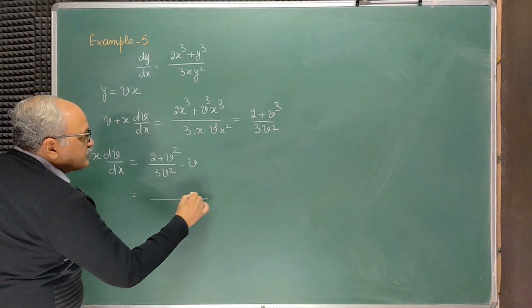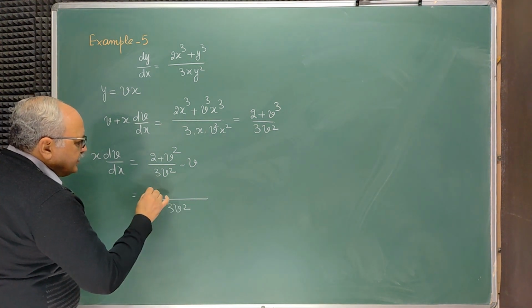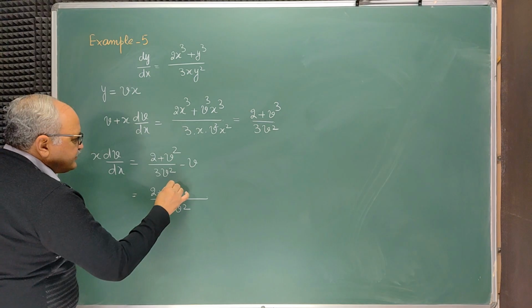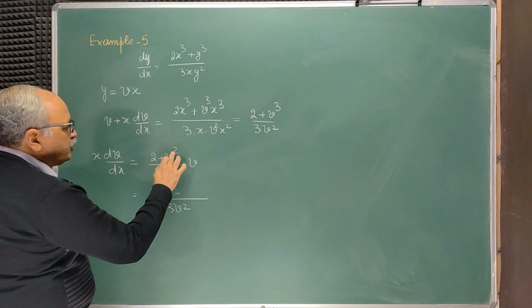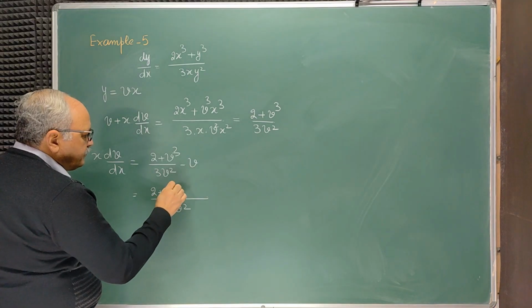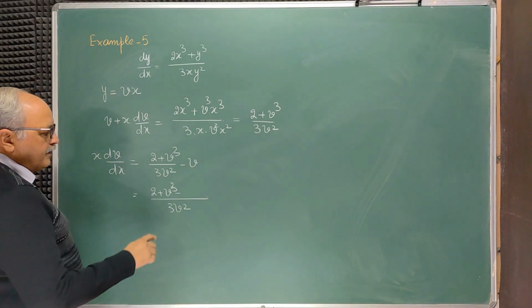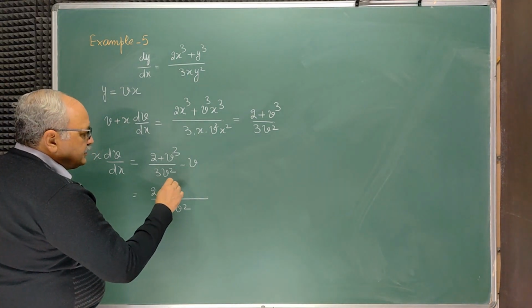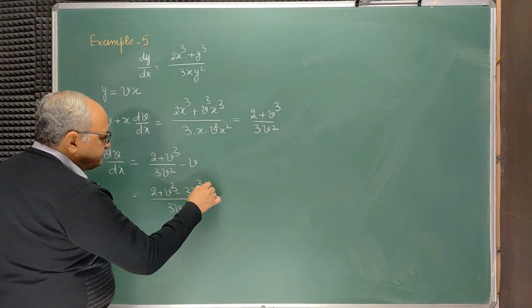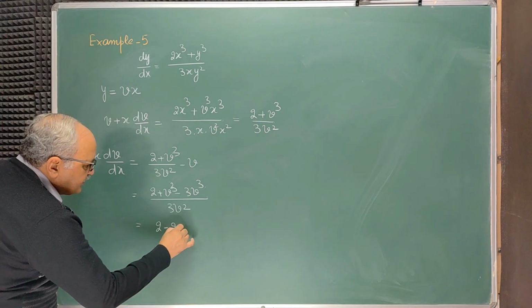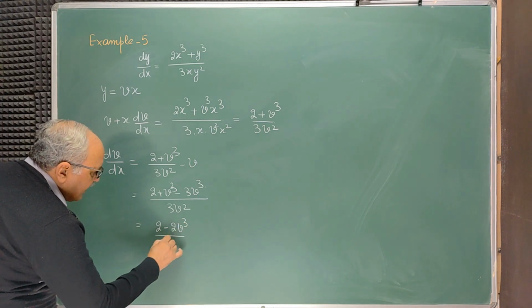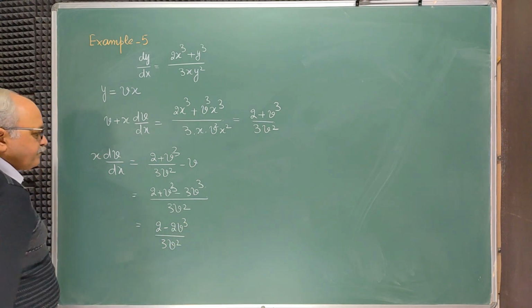Then this is equal to 2 plus v cube minus 3v cube, and that equals 2 minus 2v cube divided by 3v square.